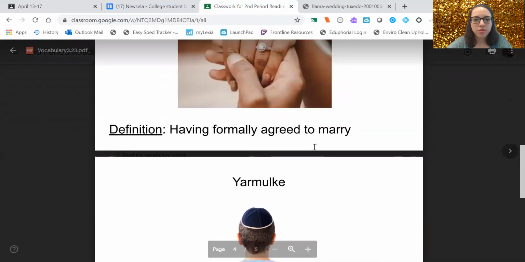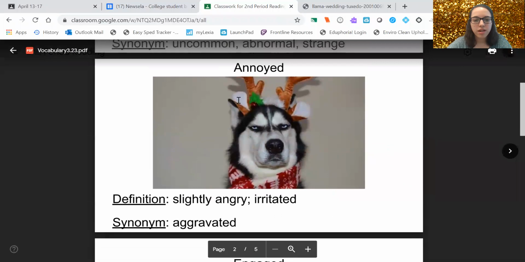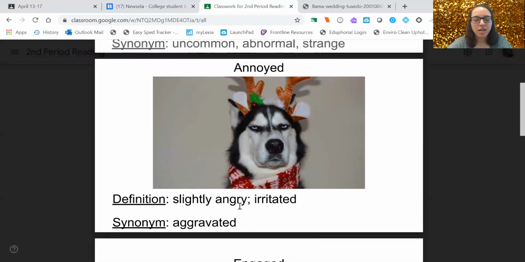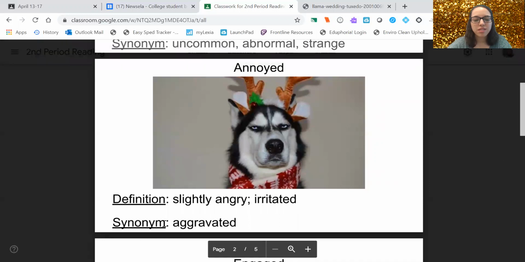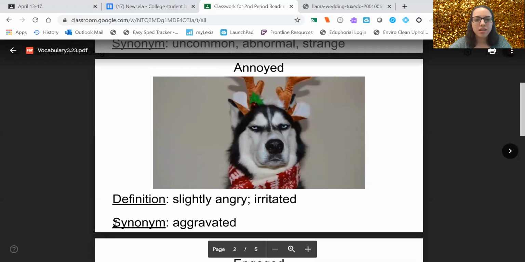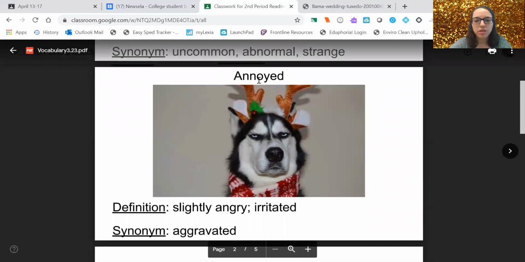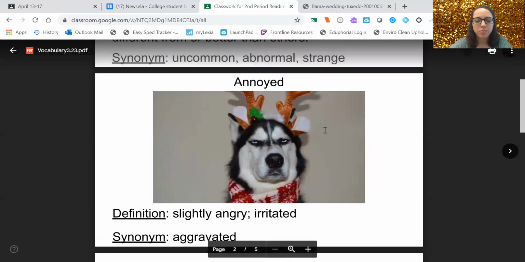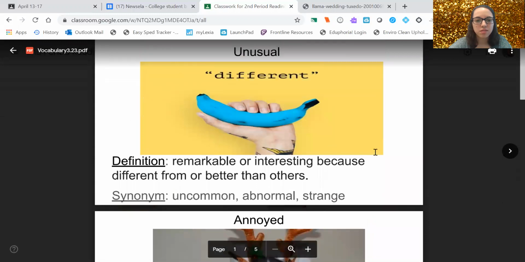With the rest of the vocabulary words, for example, this one, annoyed, the definition is slightly angry or irritated. Remember, a synonym is another word that means the exact same thing: aggravated. You have probably all heard these words, especially if you have siblings. You might get irritated with your siblings, especially being in confined spaces with them.